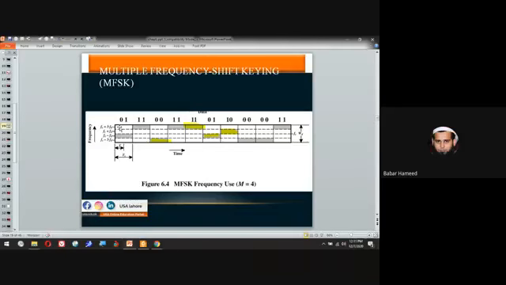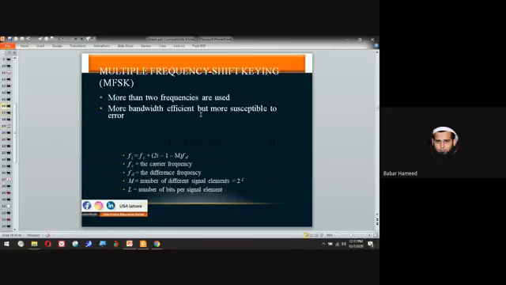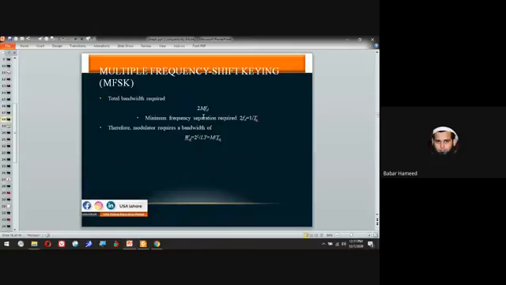We need 1, 2, 3, 4 levels, and it is showing the formula a cos of 2 pi fd. Here we have 2 MFD. So total number of levels are 4. So we need total 4 frequencies, 4 different frequencies.